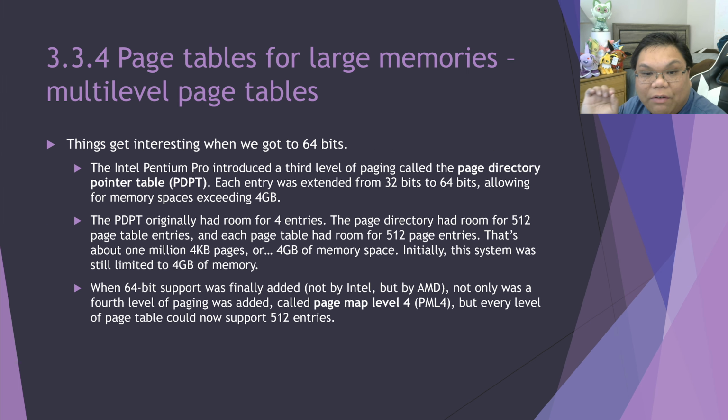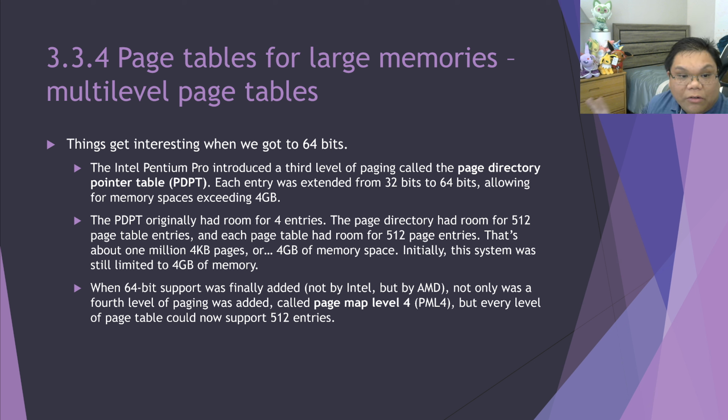Things get interesting when we get to 64 bits. So initially, the Intel Pentium Pro introduced a 3rd level of paging called the Page Directory Pointer Table. Let's call it the PDPT for short. Each entry was then extended from 32 bits to 64 bits, allowing for memory spaces to exceed 4 gigabytes.